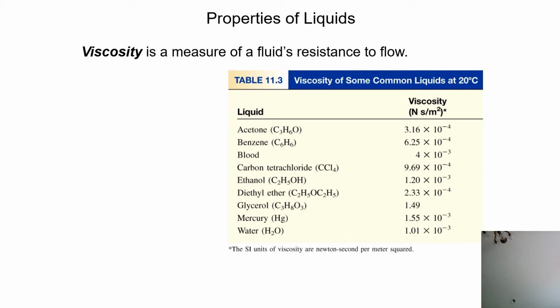But here's a table from your text that gives viscosity in Newton seconds per meter squared. Those are the SI units for viscosity. And if we look at acetone, what do we know about acetone? I think from experience, you know that it evaporates easily, correct?